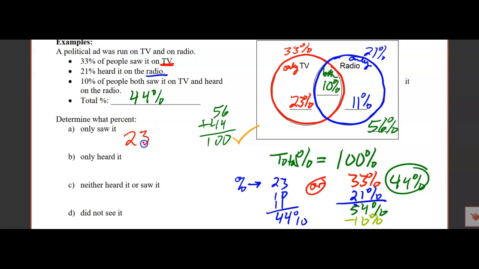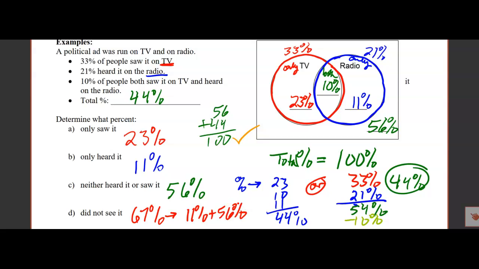Okay, Jackson, how many people only heard this and nothing else? Okay, what percentage of people didn't hear it or see it? 56%. Okay, the last one's a little tricky. What percentage of my survey did not see it? And how did we get 67? So 11% plus the 56%. Okay. All right. So there's that problem completed.